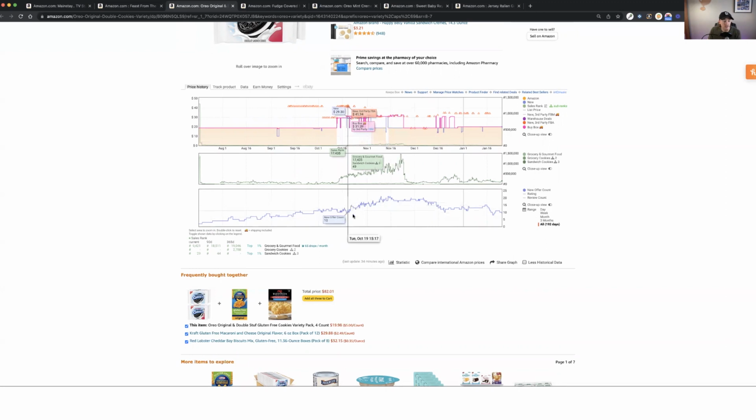Sellers started to sell their product and more sellers came on because they saw Amazon sold out. But then Amazon came back on and it slowly started to flatline. Some either fell off here or sold out there, but then it's continued to flatline. So whenever you see this, you want to avoid anything that Amazon is participating in, because that is a potential problem for you if you try to send in a listing like this.